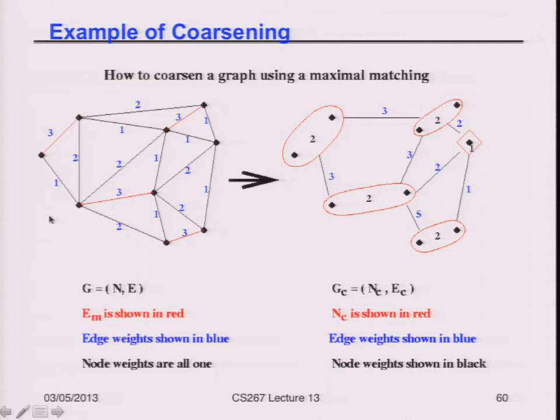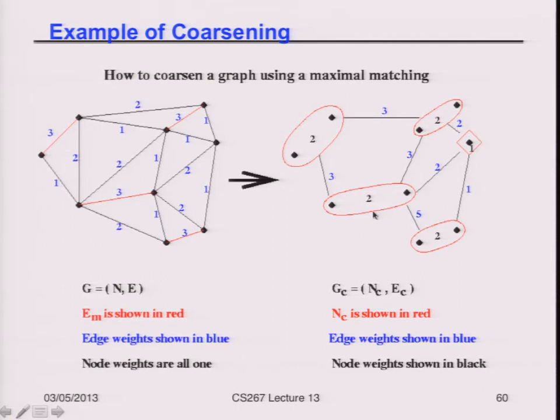But now I look to see, well, there are edges from these two vertices to that vertex. So that means I have to have an edge from this new supernode, coarse node, to that coarse node. What should the edge weight be? Well, the edge weights here are 1 and 2, so let me just add them up. So I'll give an edge weight 3 from that new vertex to that new vertex. And I just build the new graph. Obviously it's going to have, by design, almost exactly half as many vertices and a lot fewer edges as well. And so this is going to be the graph that I coarsen.